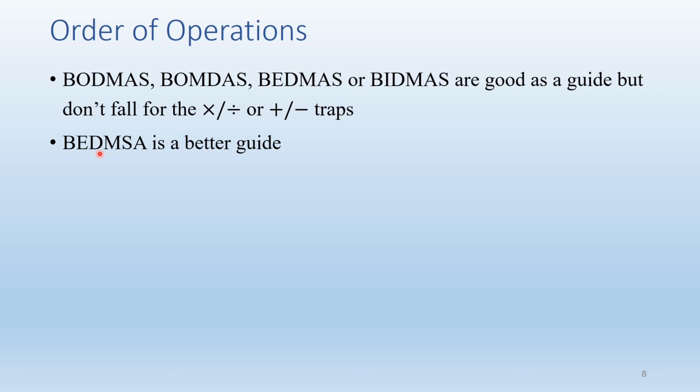Now we do division and multiplication at the same time from left to right, but if you do your division always before your multiplication, you'll still get the same answer. And likewise with addition and subtraction, should be done from left to right, but if you do your subtraction first, you will get the right answer there as well. So if you want a guide, Bedmesser is probably a better guide.